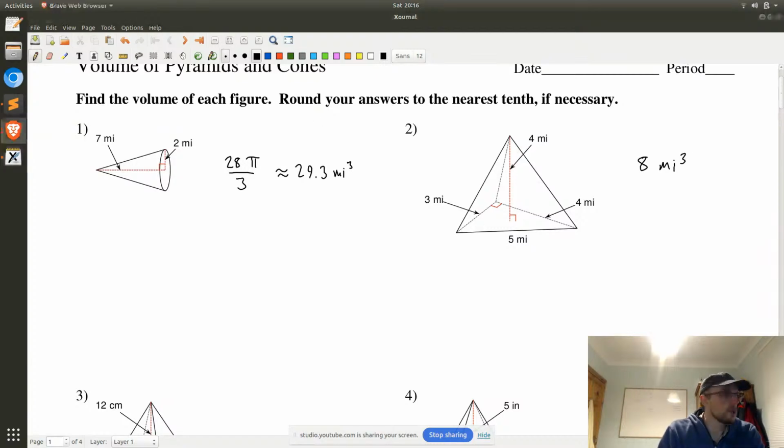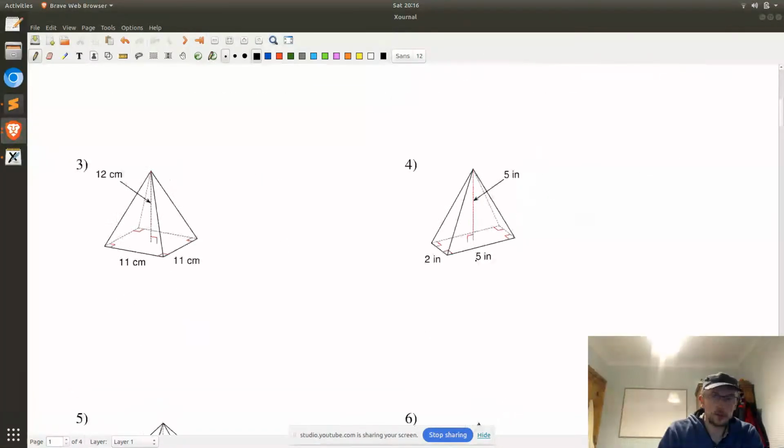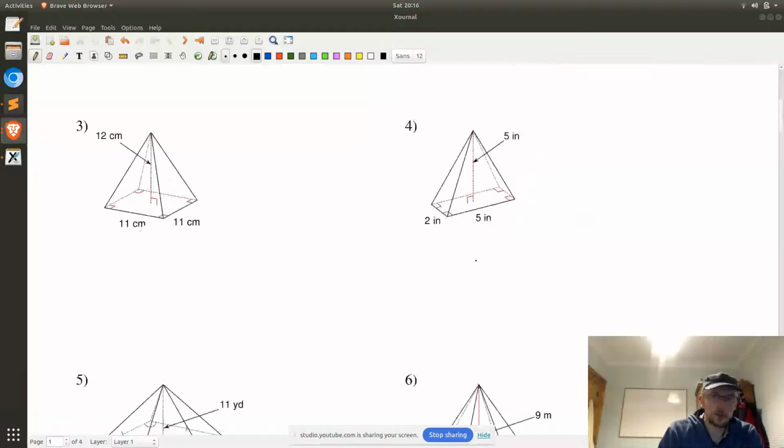We're going to check these along the way. We're obviously going to check everything, but just these in particular incrementally. 11 times 11 is 121. Times that by 12. 1452, and then divide.